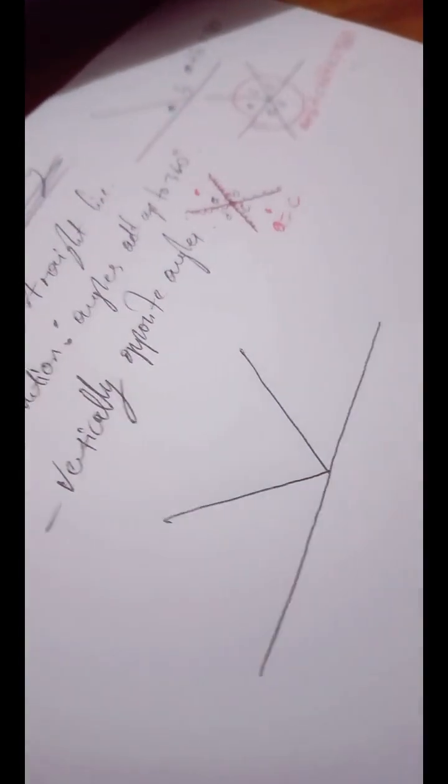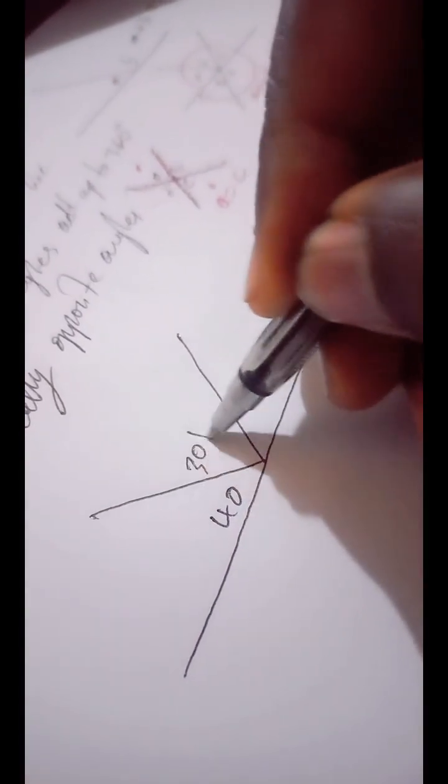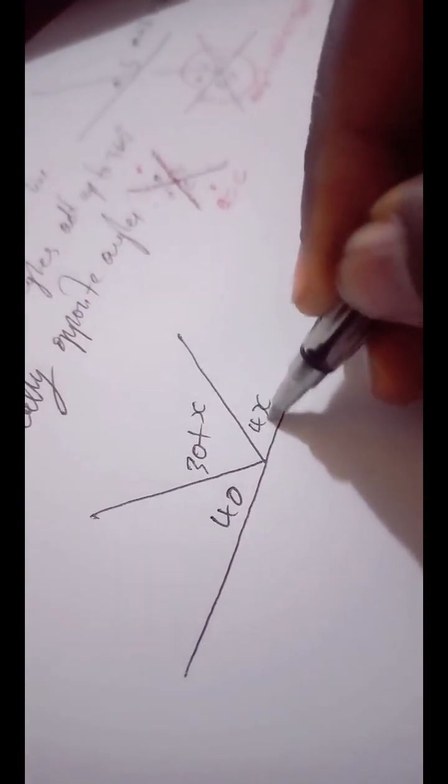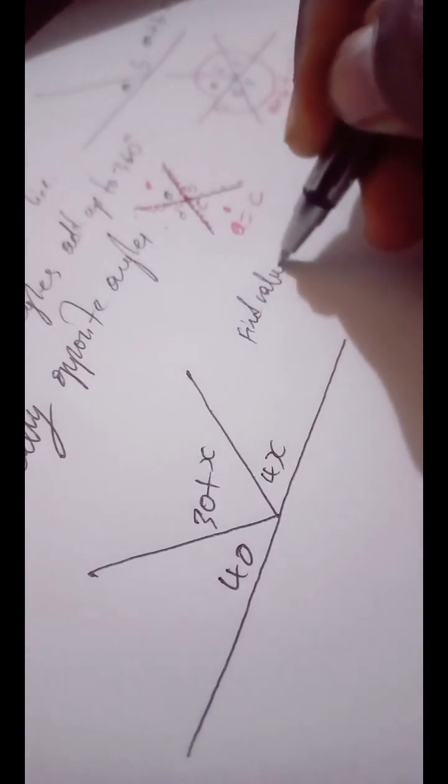So if you are given a question with 40, 30 plus x, and then 4x, and they say find the value of x.